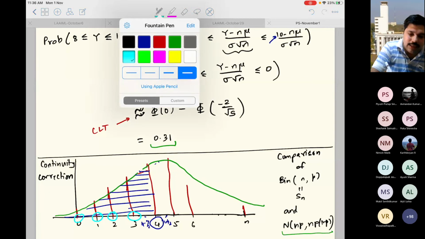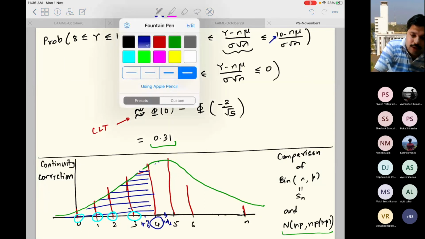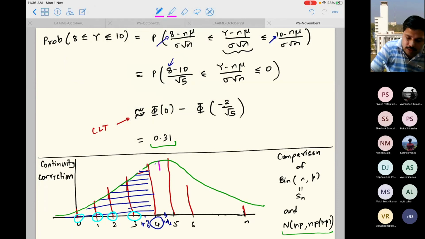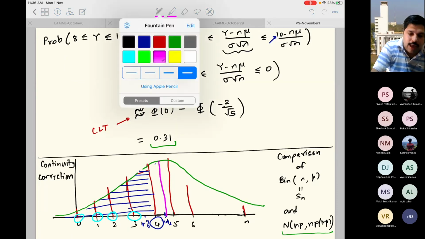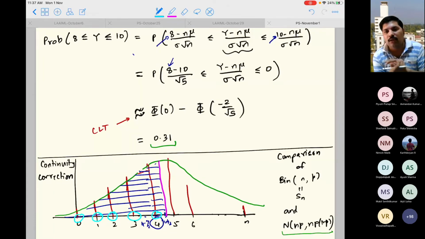Had I looked at the CDF value at 4.5, I would have added this much area in the continuous random variable, and for the discrete case I would have accounted for this particular part also, and my approximation of the probability would be accurate. Do you understand this part?